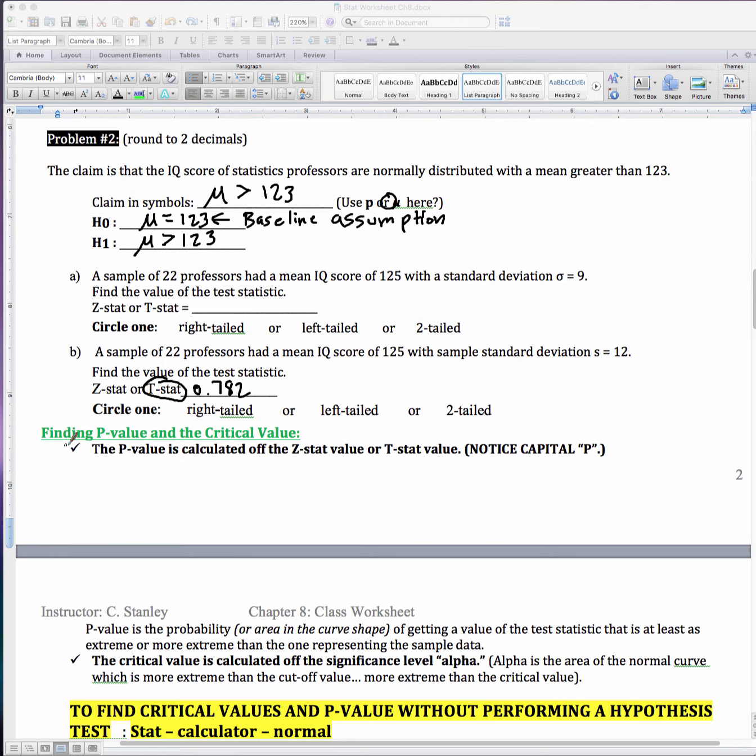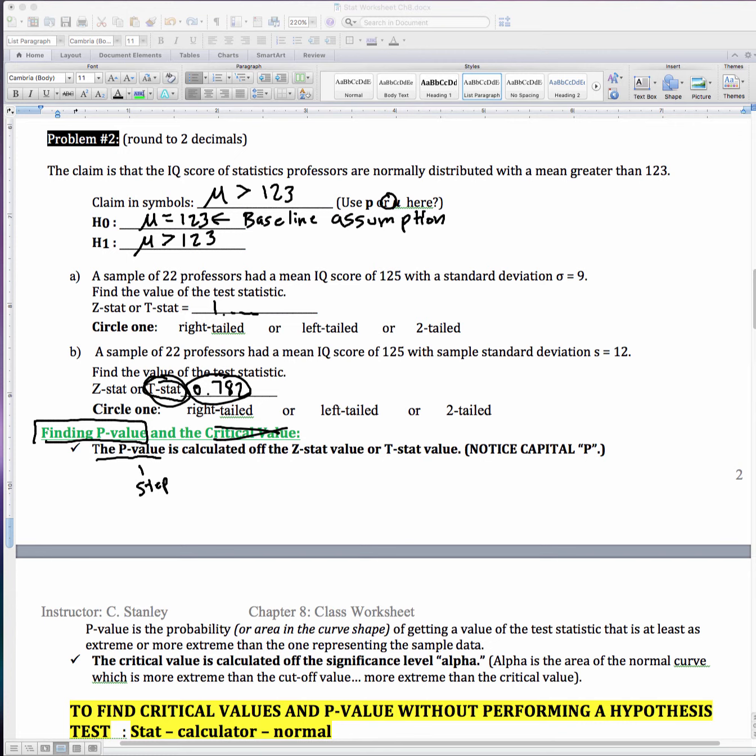We don't have finding p-values here. We do have to do that, but we're not going to do that here. The p-value, which is step 3, is calculated from these guys right here. Okay, so we'll go ahead and teach you how to do that.